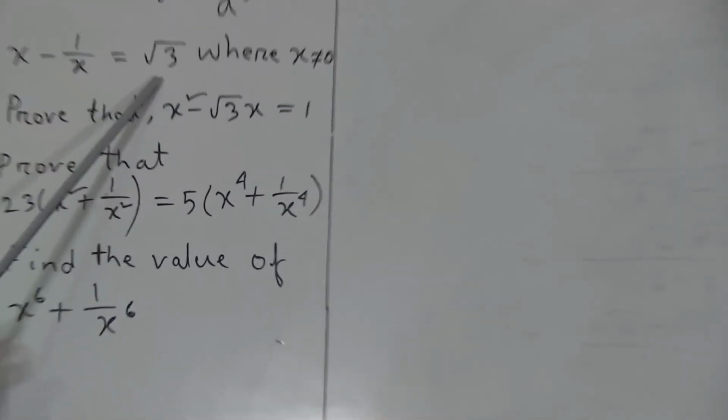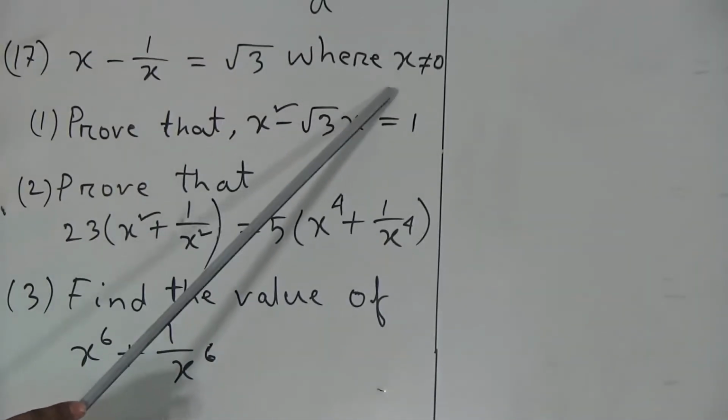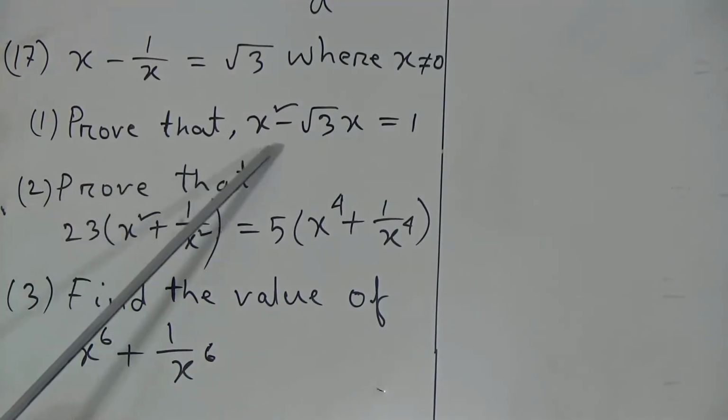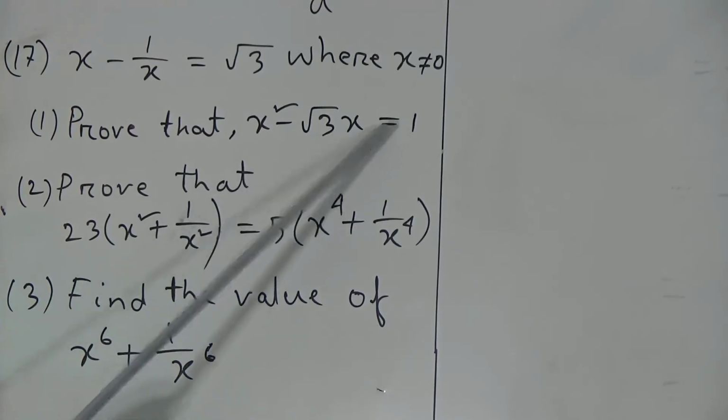Here the question of 17 number is: x minus 1 by x is equal to root 3, where x not equal to 0. 1 number question, prove that x square minus root 3x equal to 1.